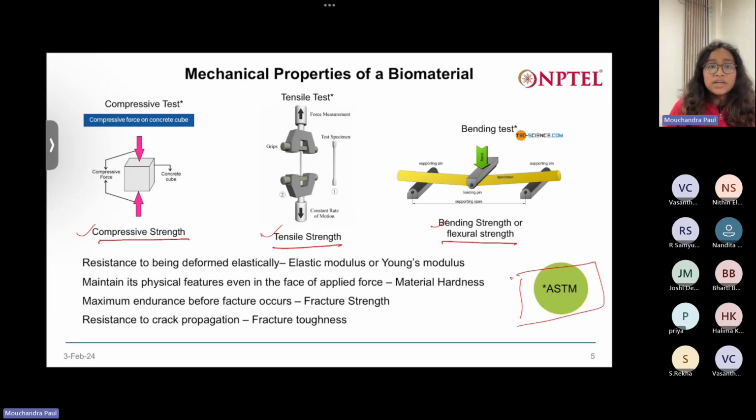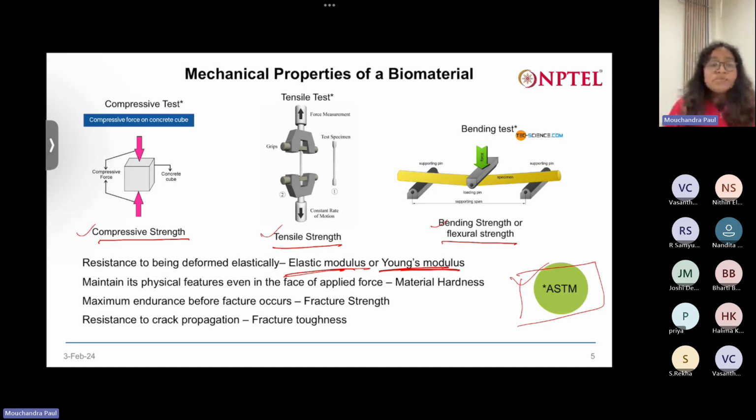So what I'm trying to indicate is the elastic modulus, or Young's modulus. This value of E, or elastic modulus, is an inherent property. So steel or, say, glass, both of these have their own values of elastic modulus. Through this, we basically compare which is having more mechanical strength.